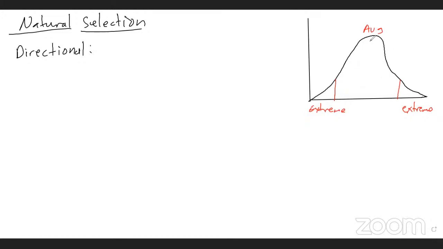We're going to apply this bell-shaped curve to disruptive, stabilizing, and directional selection. Directional selection, based on what is happening in the environment, is going to favor one extreme. For directional selection, one extreme is favored. And I'm going to use the example with the giraffes, right?